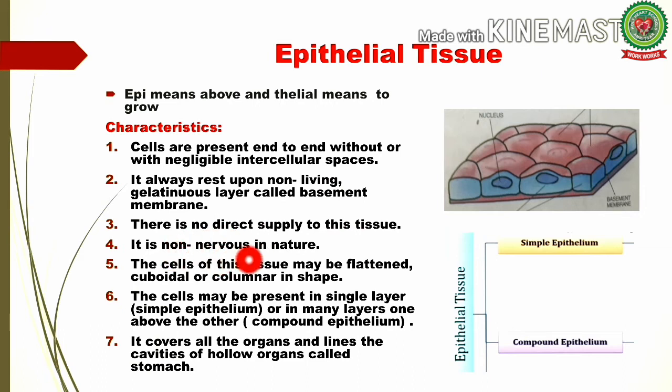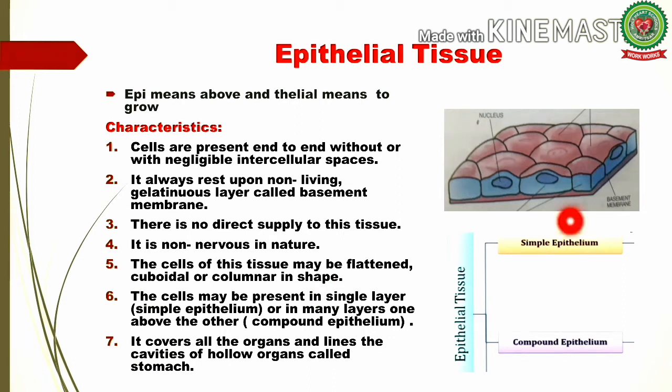There is no direct blood supply to this tissue as it doesn't contain blood vessels and receives nourishment via diffusion. It is non-nervous in nature. The cells of this tissue may be flattened, cuboidal or columnar in shape. The cells may be present in a single layer called simple epithelium or in many layers known as compound epithelium. It covers all the organs and lines the cavities of hollow organs like the stomach.